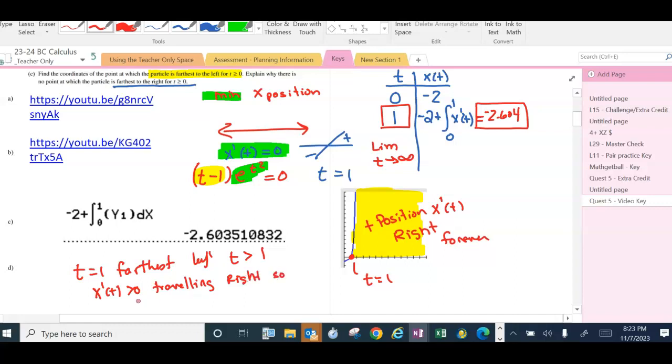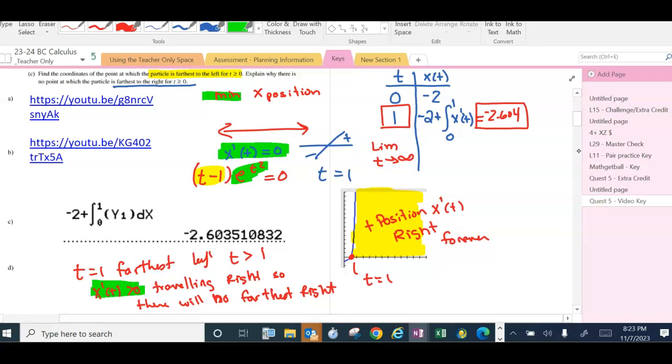And so there will be no farthest right. One of the important things is that you say x prime is the thing that's so important.